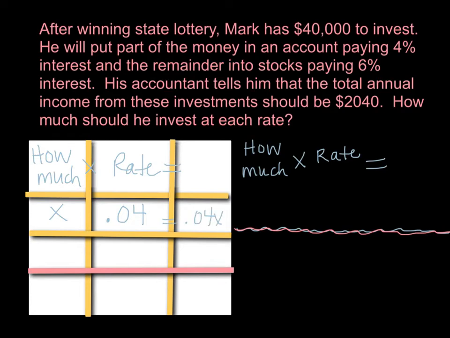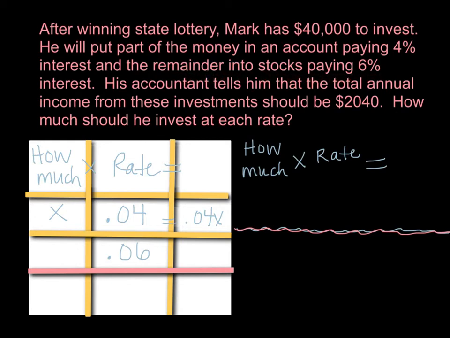Now let's look at our second account. Our second account is right here. He's going to put the remainder of the money, so $40,000, take away whatever he put into this account, what's left over, in a 6% account. So down here for my 6% account, how much is he putting in? I don't know. Let's look again. The remainder of the money.